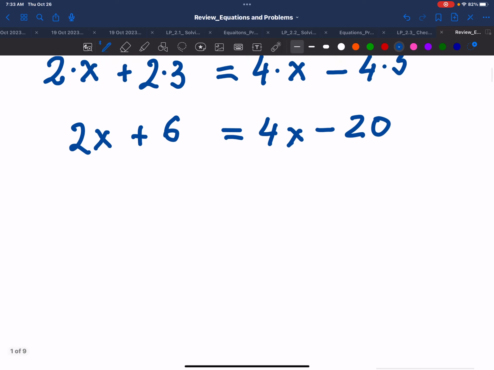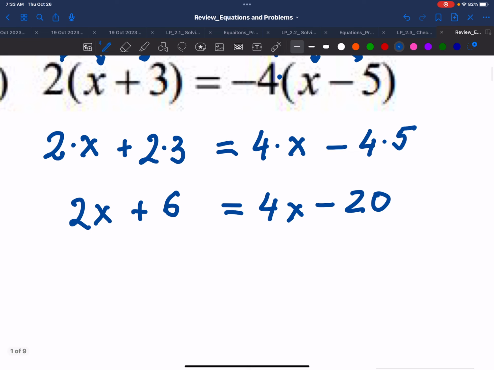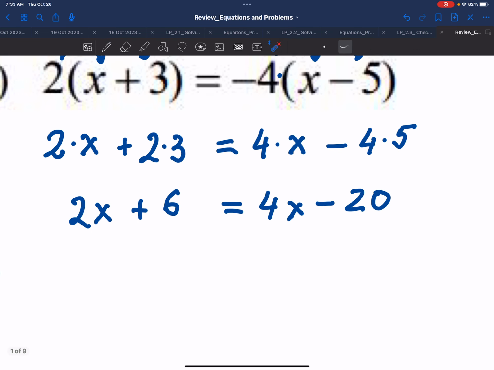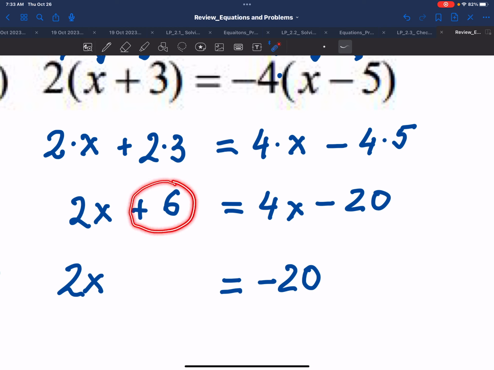Now we group the variable terms to one side of the equation, which means that if the variables stay on the left, 2x is sitting wherever it was, nothing changes for it. Numbers stay on the right, negative 20 will stay as is on the right side. Now, the number positive 6 will have to be transferred to the other side, which means that it will switch the sign from positive 6 to negative 6 as it moves.